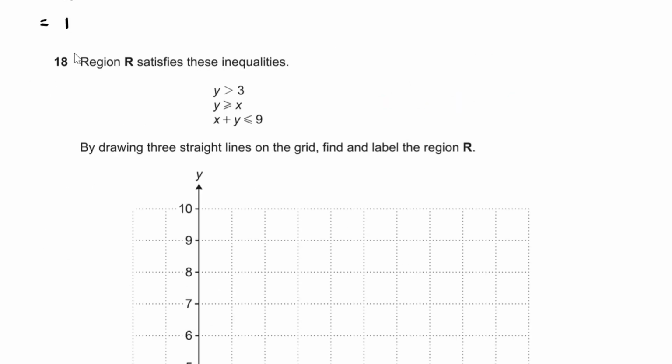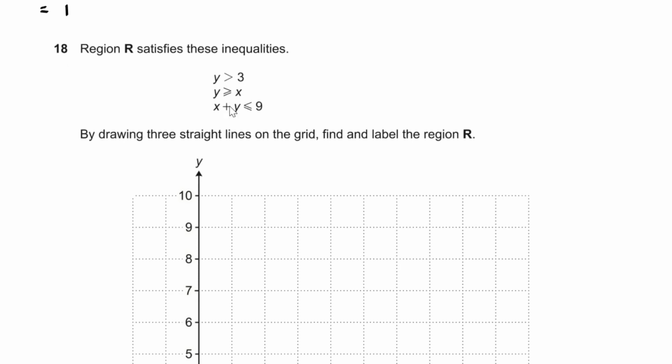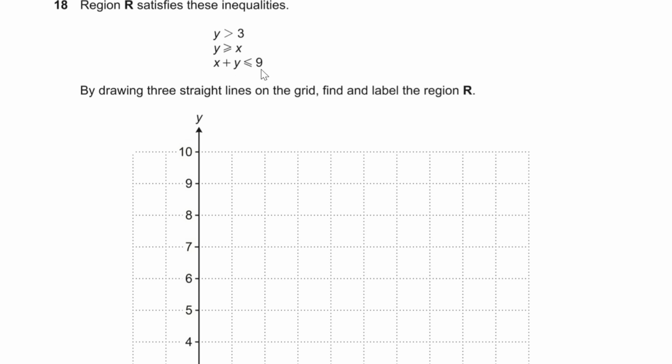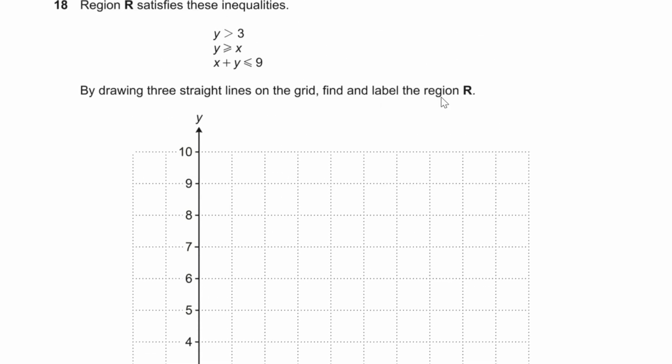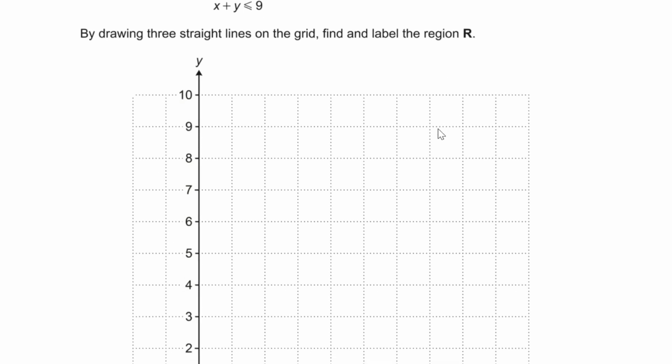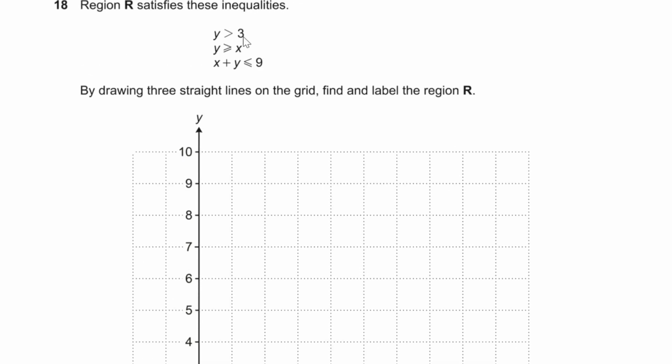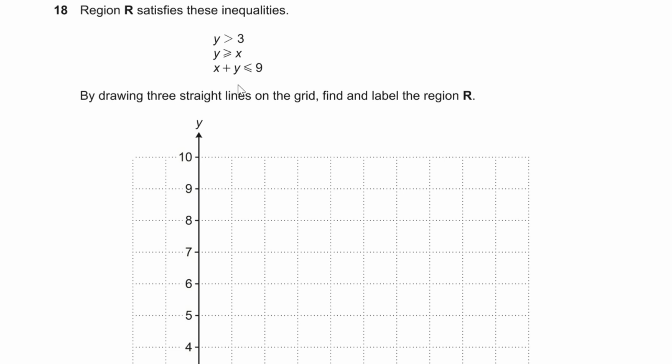Question number 18. Region R satisfies these inequalities that we see here. We've got y being greater than 3, y being greater or equal to x, and x plus y being less than or equal to 9. And by drawing 3 straight lines on a grid, we have to find and label the region R. Well, if we deal with y being greater than 3, because we've got a strong inequality symbol, we'd have to use a dashed line.